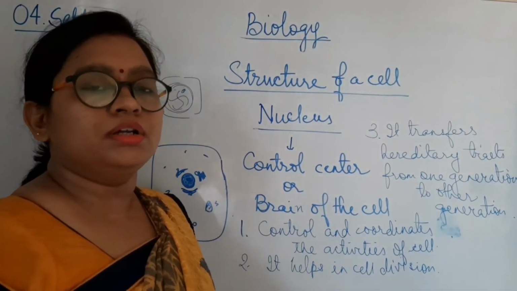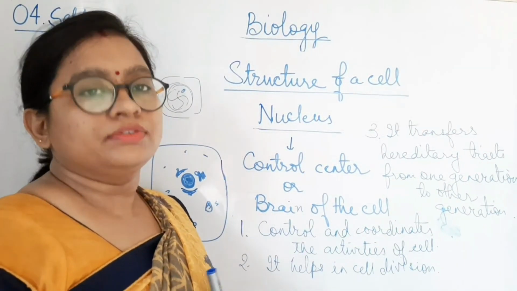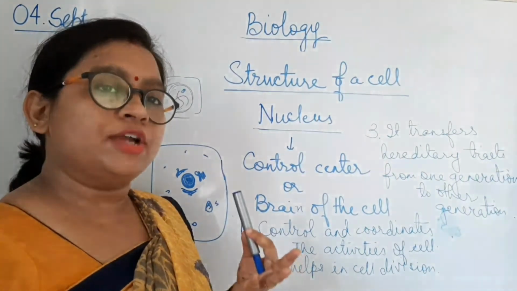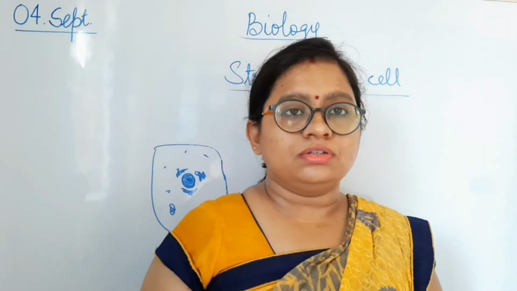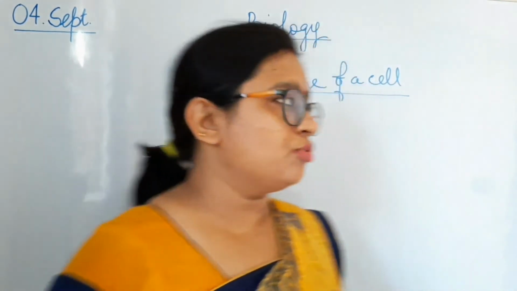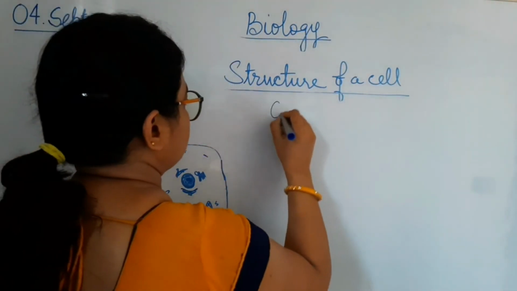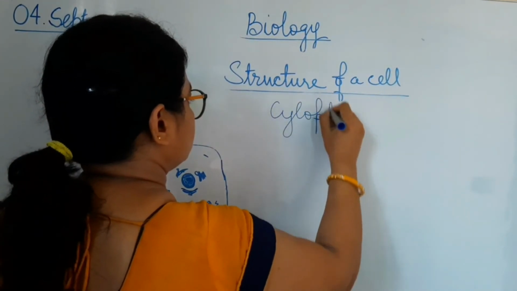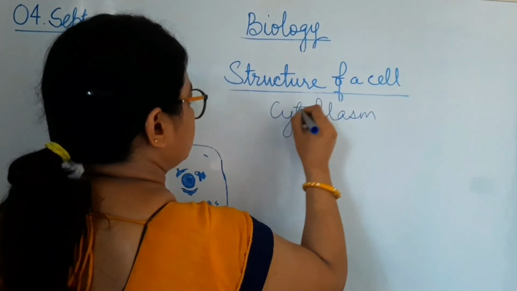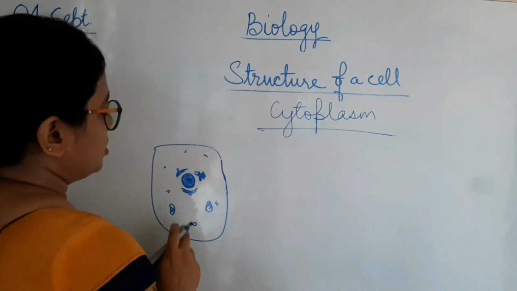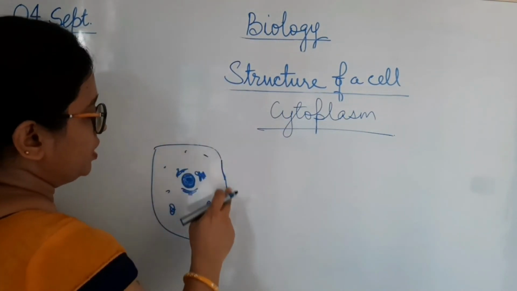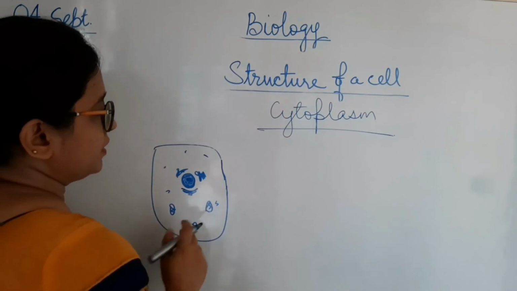The third important component of the cell is the cytoplasm. Let's see what the cytoplasm looks like. Cytoplasm is the jelly-like fluid which is present between the nucleus and the cell membrane.